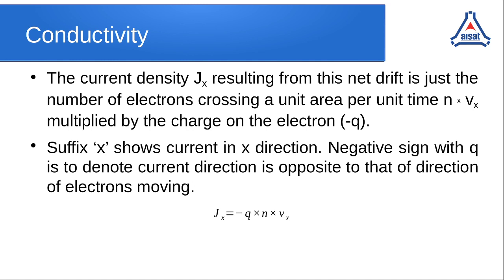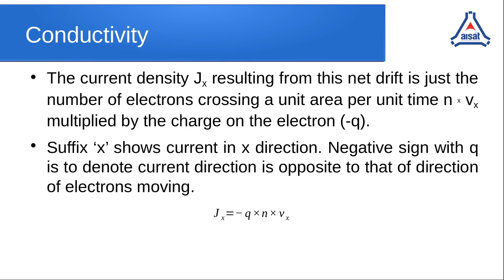So if the number of electrons in the unit area we take as n, into Vx multiplied by the charge of the electron, which is normally taken as minus q, we will get the current density. So J of x, which is the current density, will be equal to minus q into n into v of x, where v of x is the drift velocity.